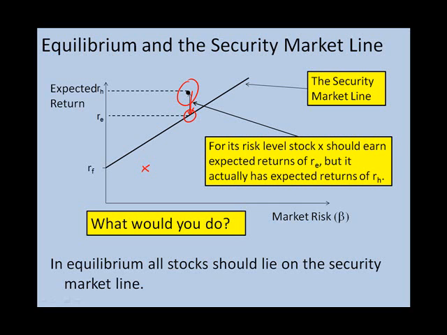That would mean that the price of the stock would fall, and so the expected returns would rise until the expected returns are equal to those predicted by the CAPM, at which point investors would no longer want to buy or sell the stock, they just want to hold it, and we would be in equilibrium again.